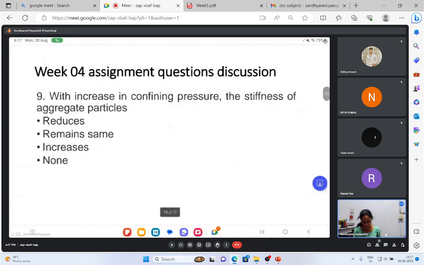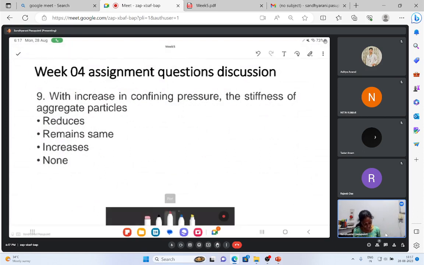And if you see the 9th question, with increase in the confining pressure, would the stiffness of the aggregate particles reduce, remain the same, or increase? If you could have seen one of the examples explained by the sir in the video also: let us say you have aggregate particles, vehicles are moving at the top.